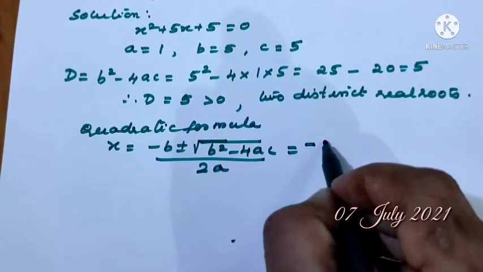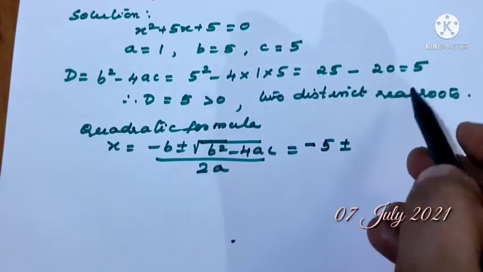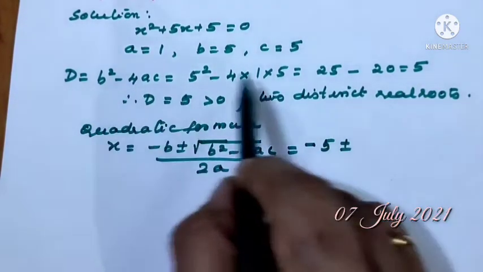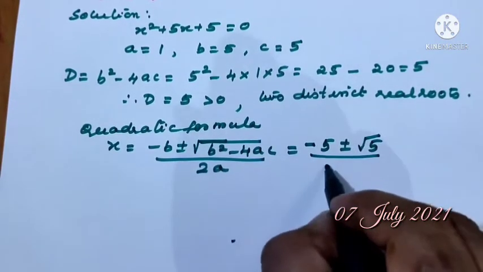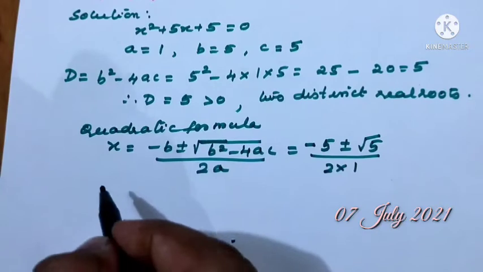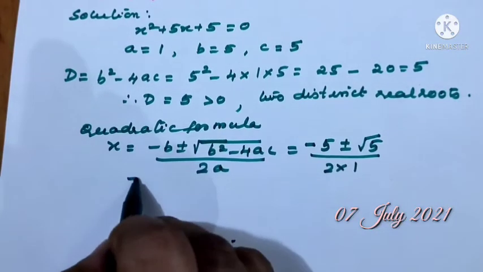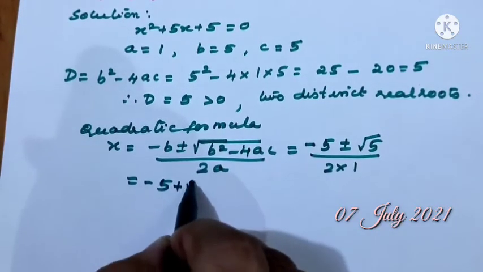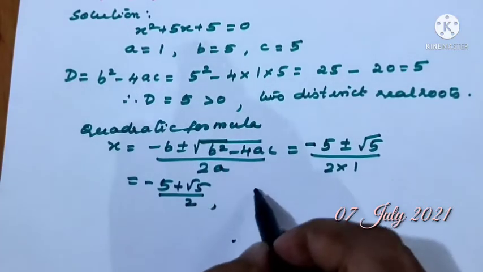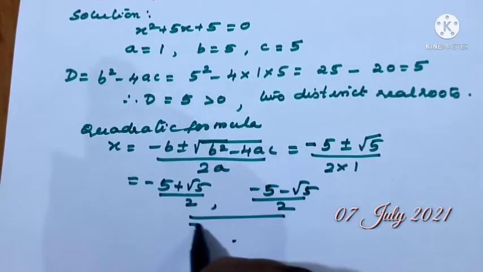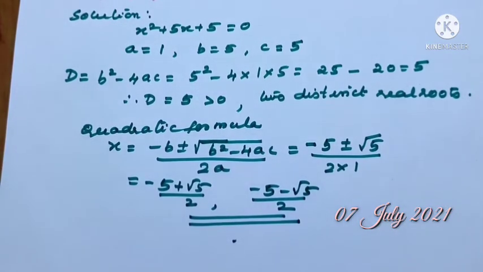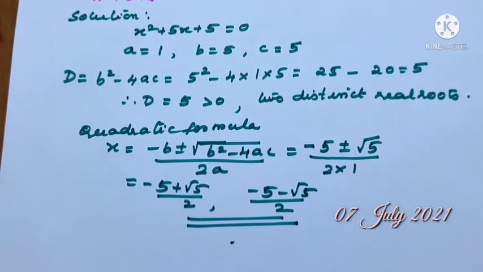Minus b means minus 5 plus or minus, already we have calculated b square minus 4ac, so root 5 I can directly substitute, divided by 2 into 1. So what is the answer here? Minus 5 plus root 5 by 2, minus 5 minus root 5 by 2. So we are having two solutions which are two different values only, two distinct and real roots.